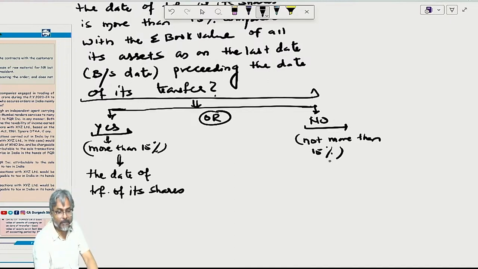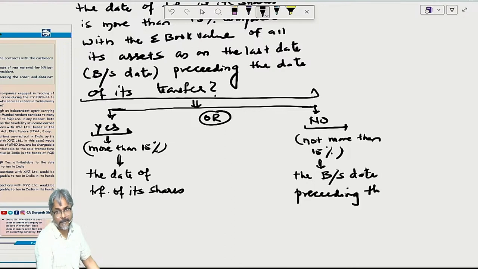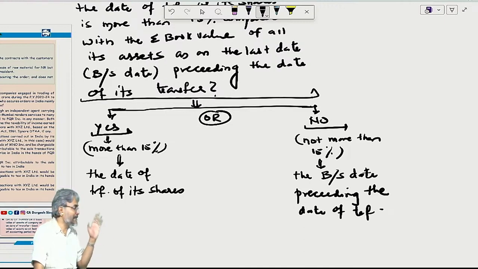And if the answer is no, it does not increase, so you can say the balance sheet date preceding the date of transfer. So first at least decide which date you want to test it. You cannot keep testing this for 365 days.